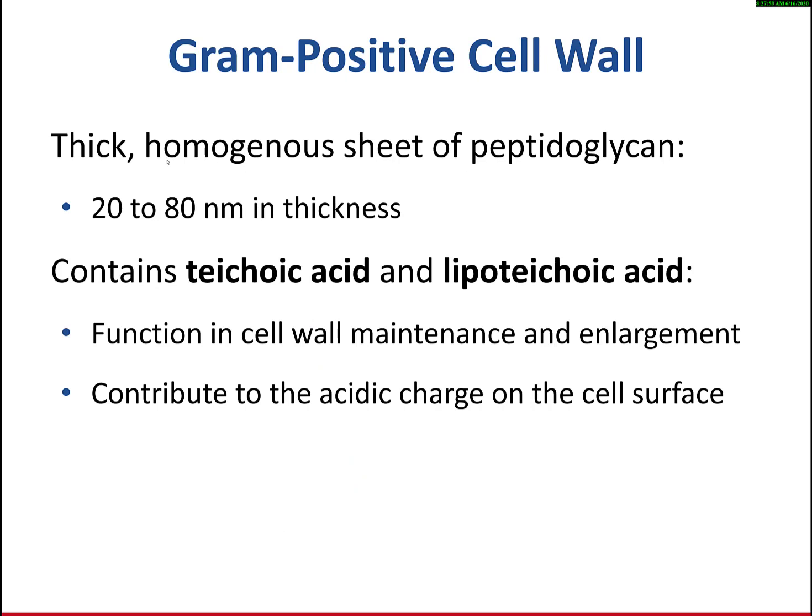Gram positive is a thick, homogeneous sheet of peptidoglycan, which you've seen is 20 to 80 nanometers thick, and contains teichoic acid and lipoteichoic acid. The function is in cell wall maintenance and enlargement, and it contributes to the acidic charge of the cell surface. It's got an acidic charge.